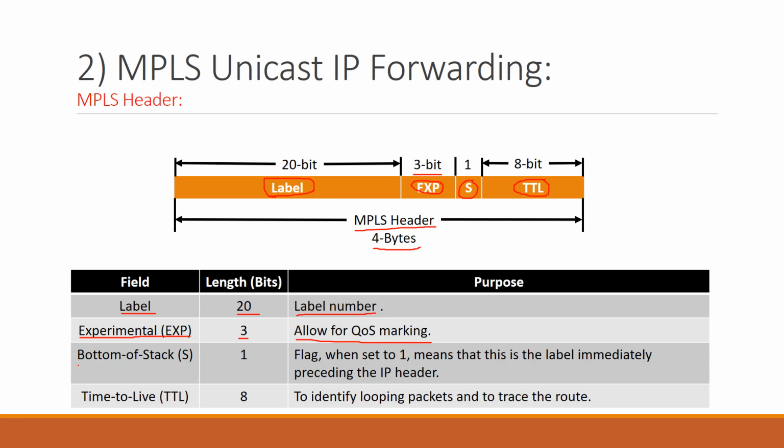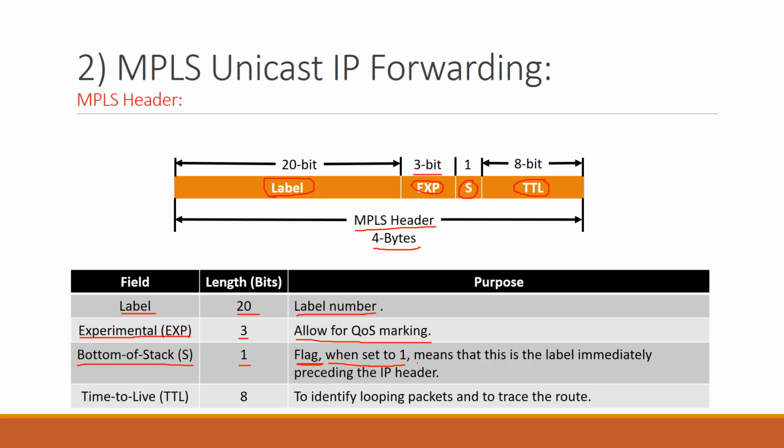The next bit is called bottom of stack. It's only 1 bit in length. It acts as a flag. When it is set to 1, actually it will not be explained in this video. It will be explained more when discussing MPLS VPNs.